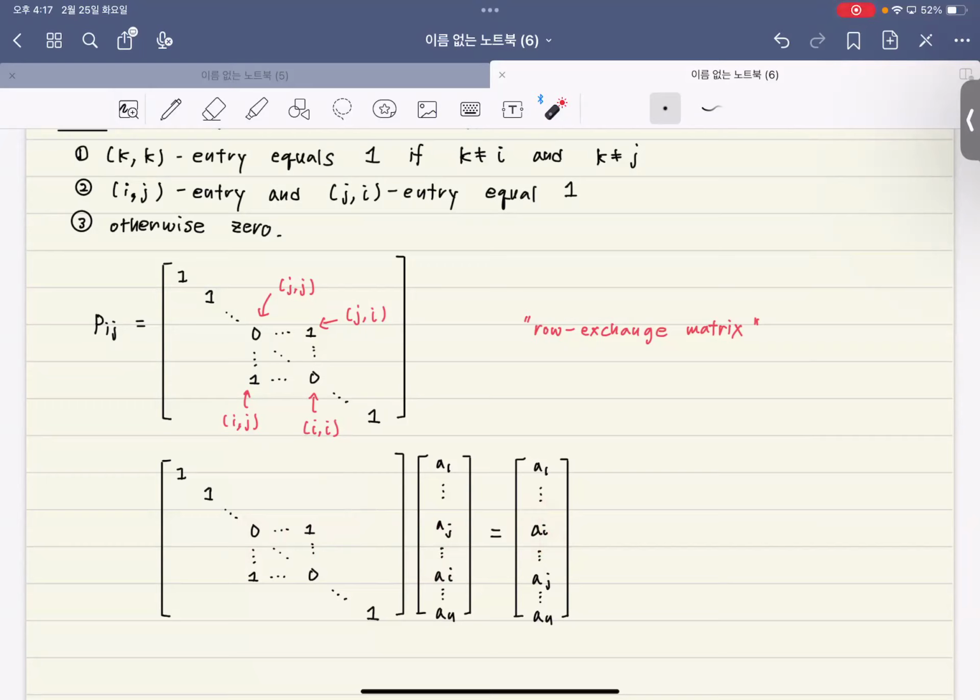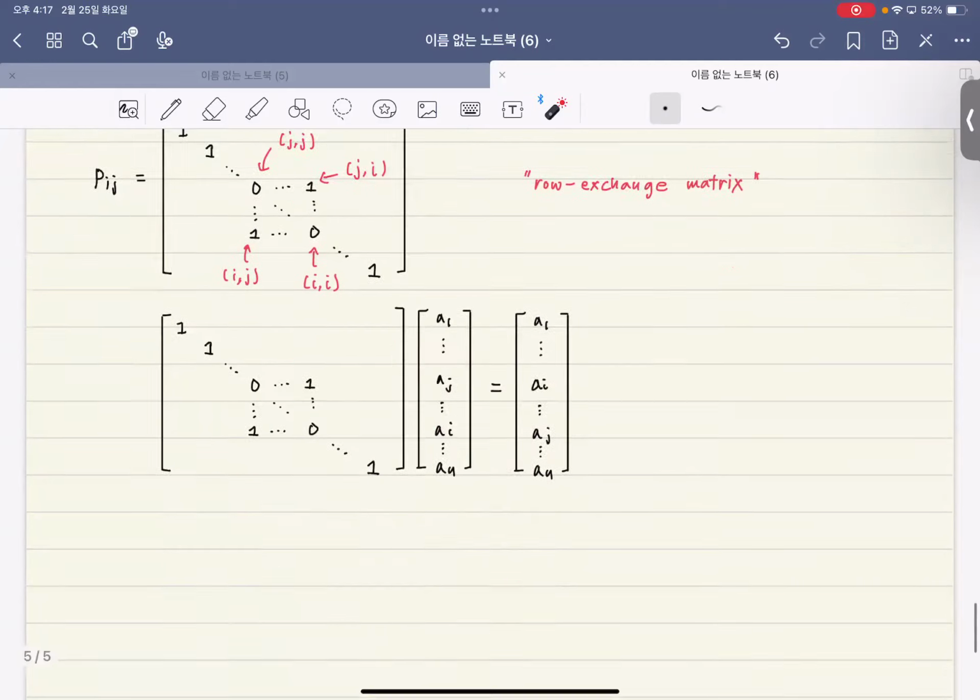And the same is true for this. This number, which is in the i slot, is now changed to Aj. And all the others just carry over. So multiplying by this row exchange matrix is nothing but exchanging these two entries.